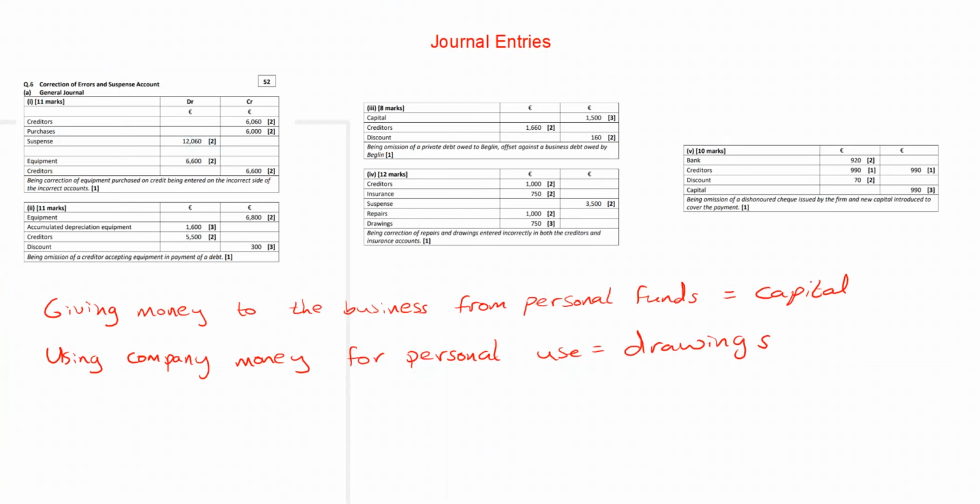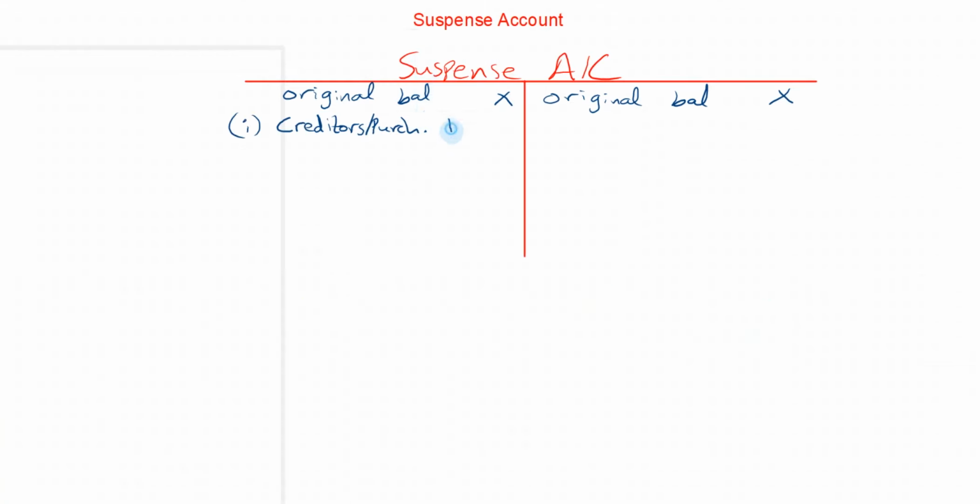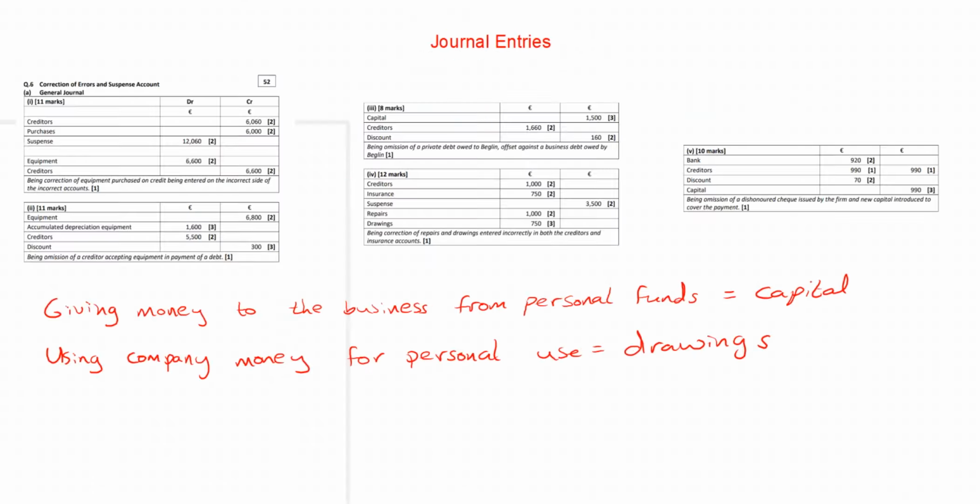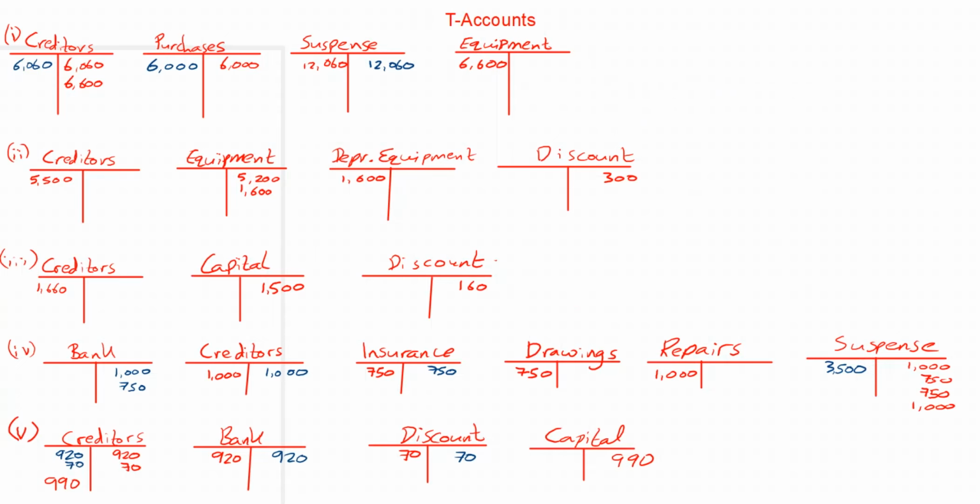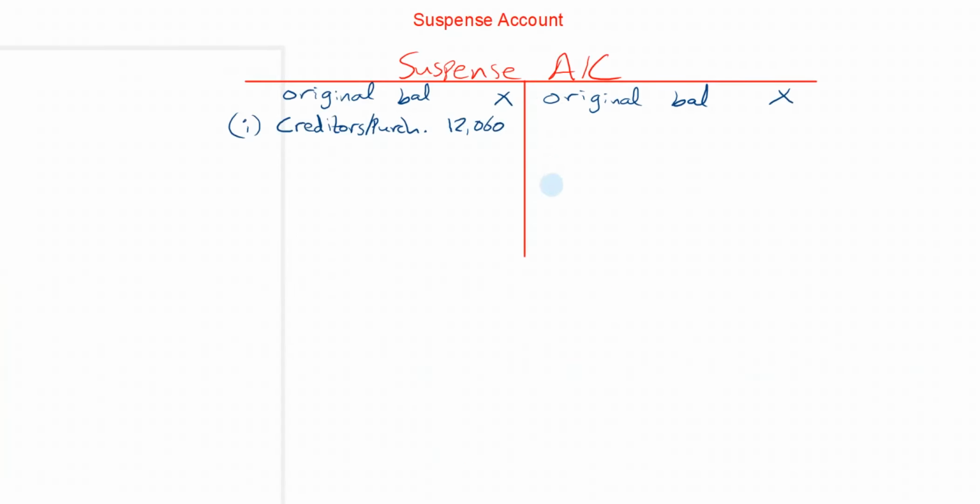So it depends on which one you want to do. Perfect. We also had, where was it, part 4 on the credit entry. We had an issue with bank and creditors and insurance or drawings of 3,500.